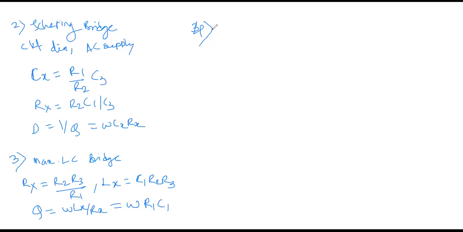Then today we have discussed which bridge? De-Sauty bridge, which is also called capacitance comparison bridge. Here, in two arms, a capacitor is in series with a resistor.